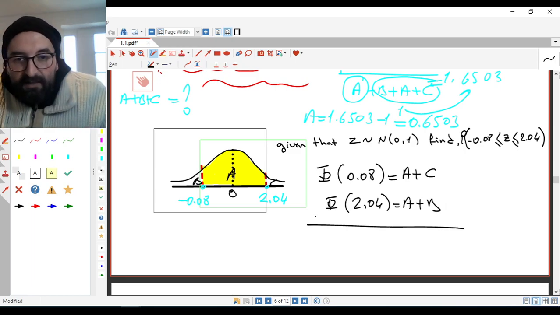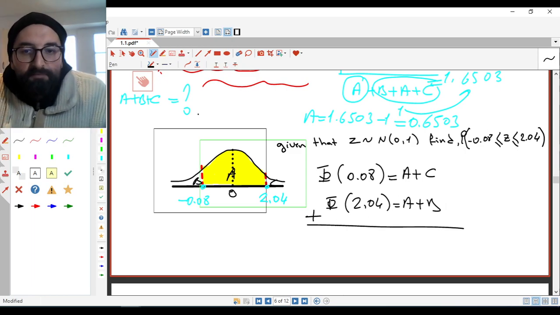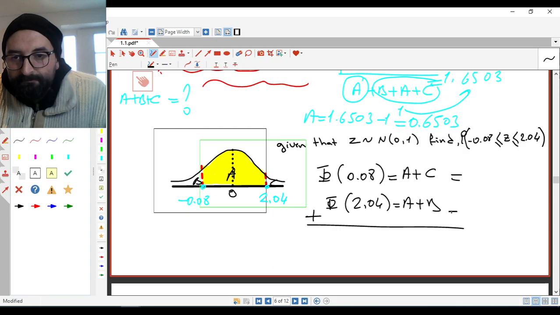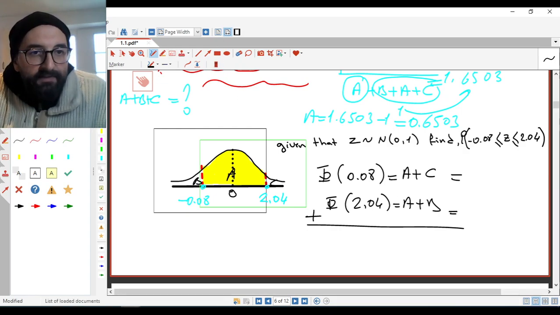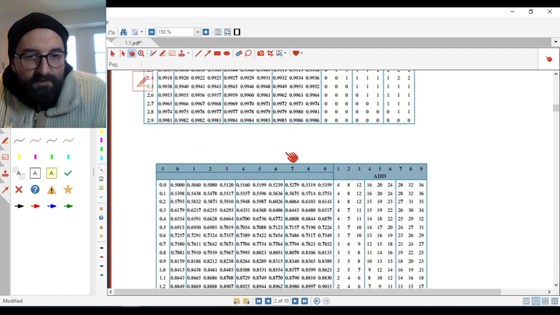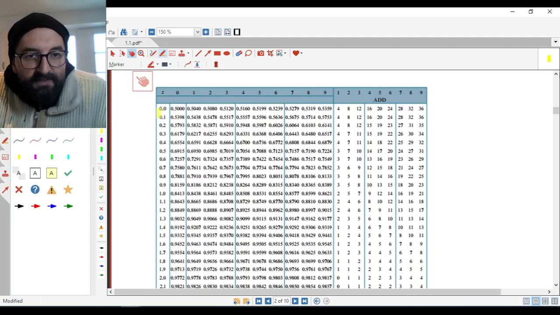And if I add both, for example, 0.08: please look at 0.0 here, 8 here, 0.08 here, 0.5319.